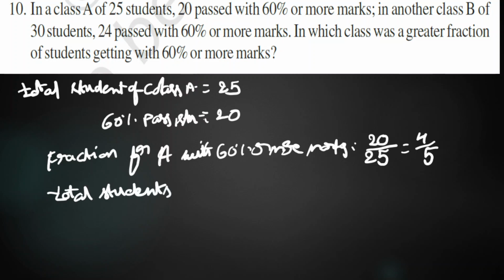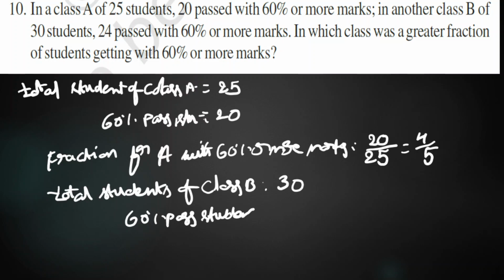And the total students of class B equal 30 students, and the number of students who passed with 60% or more equals 24.